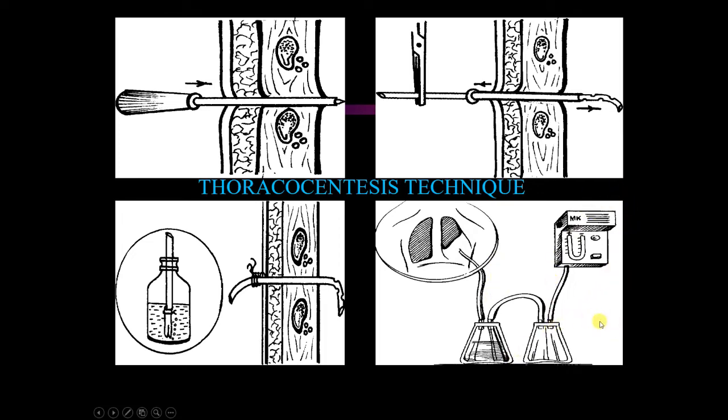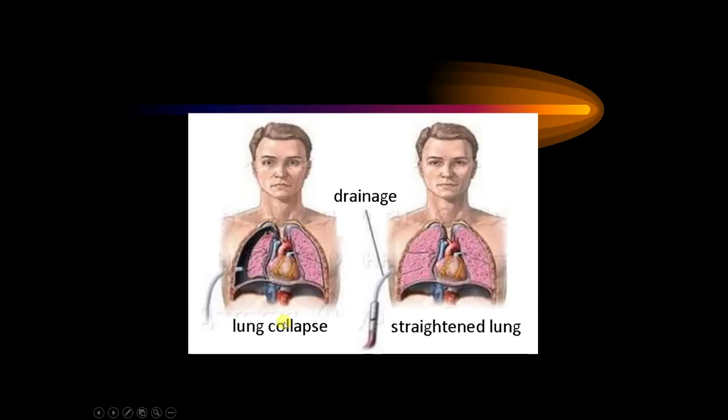Aspiration can be active or passive. When the patient breathes and coughs, the pressure inside the thoracic cavity increases and pushes air outside. To stop the reflux of air into the thoracic cavity, we put a valve at the end of the tube, and this procedure we call putting the drainage by Bulau method.